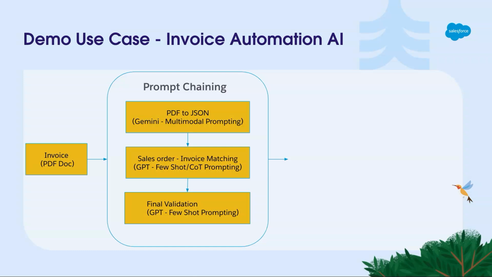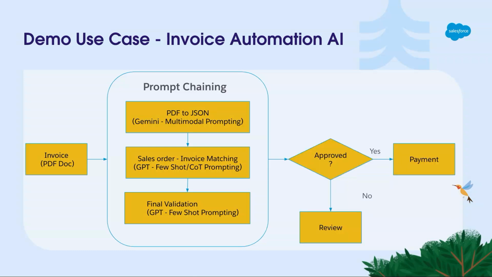If everything is valid, I'm executing the final validation prompt as well. I'm doing an extra validation, making sure that everything is good. Then if everything is good, we can go ahead and approve and create a payment record.